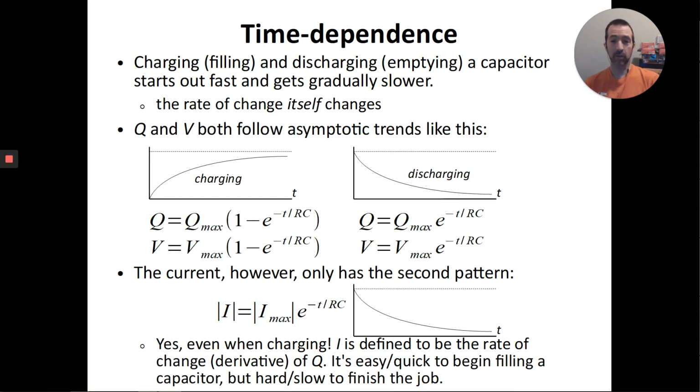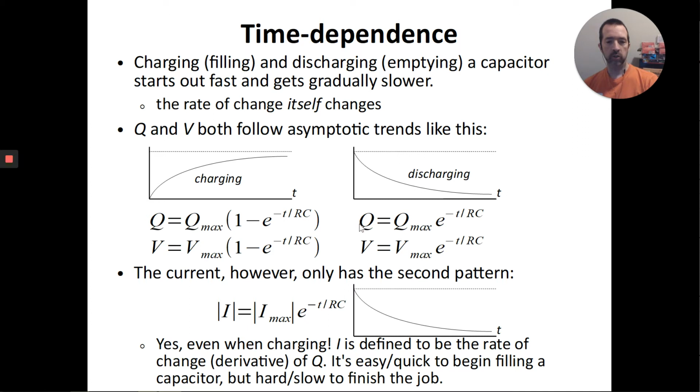But it can get very close, such that for practical purposes, it's full, even in a finite time. So if you're charging it up, the function looks something like this. If you are emptying it, it looks something like this. And again, in either case, it asymptotes towards the final value, either some positive number or 0. If you wait a very long time, it approaches 0.